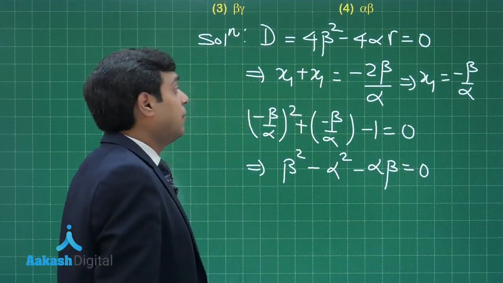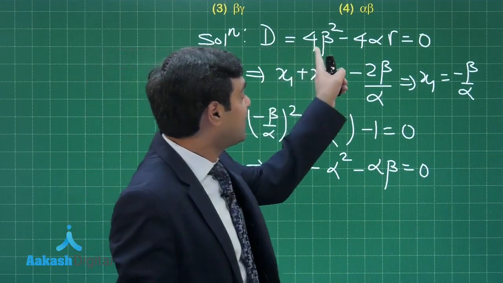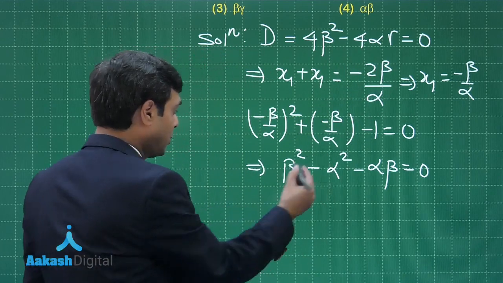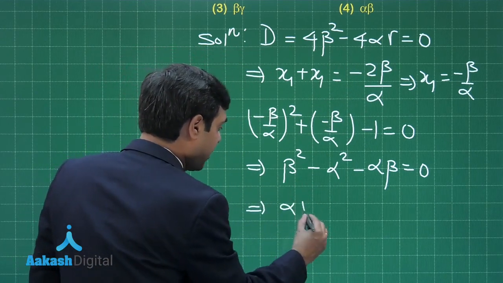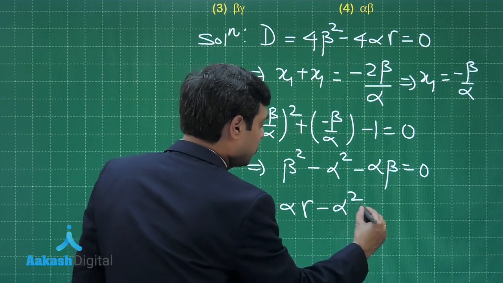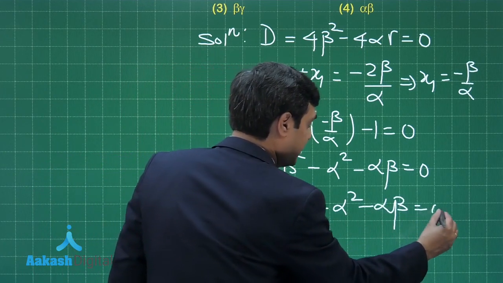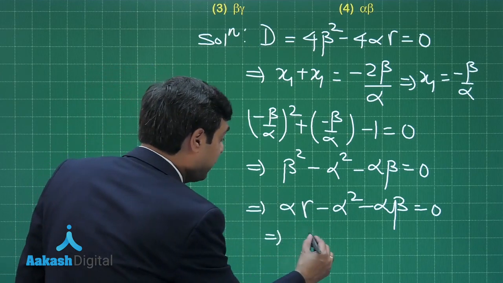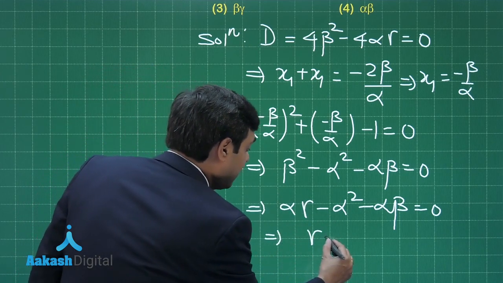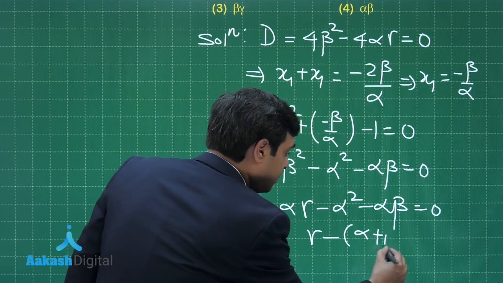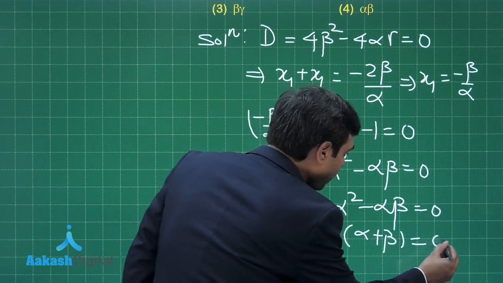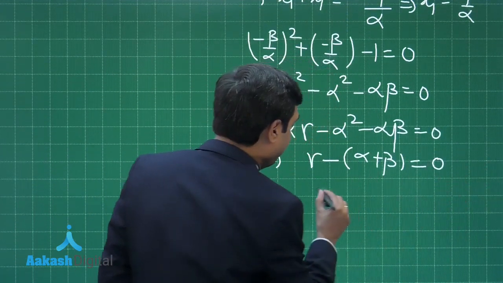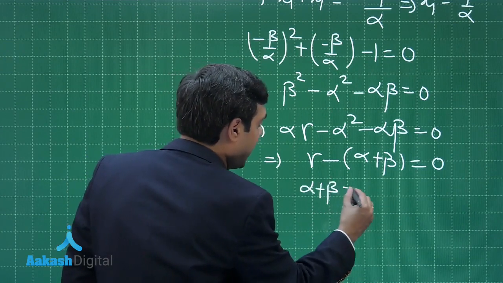We know that from the GP position, beta square is alpha gamma. Put it here. So we have alpha gamma minus alpha square minus alpha beta is 0. Take alpha common and throw it on the other side. You are left with gamma minus alpha plus beta is equal to 0. So we obtained the value for alpha plus beta as gamma.